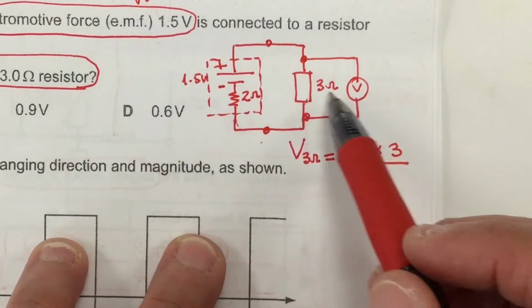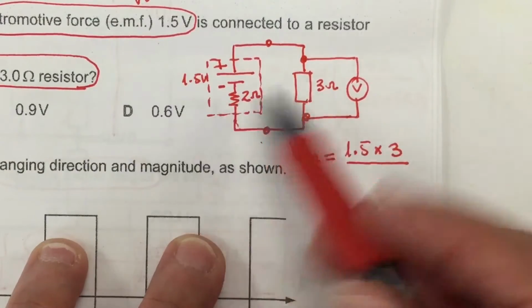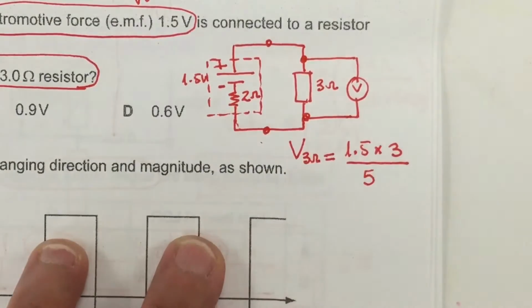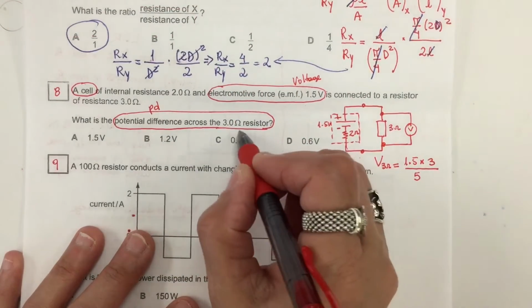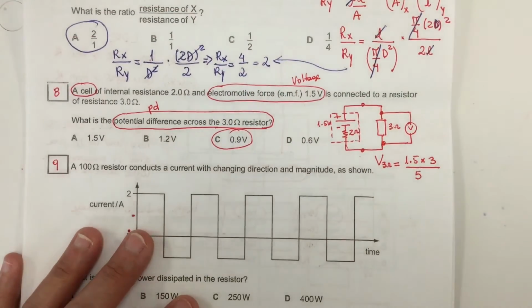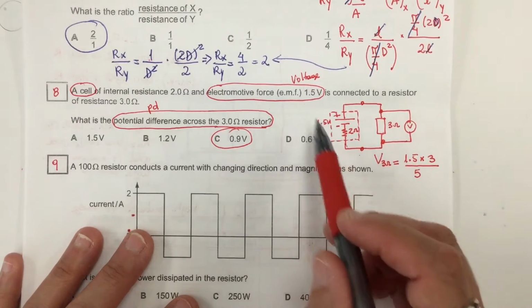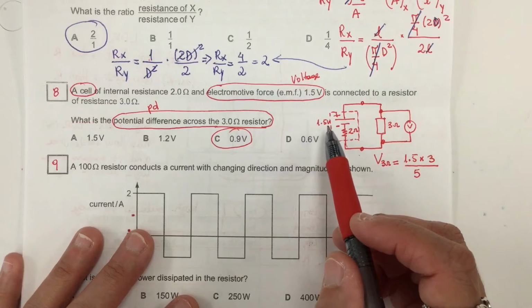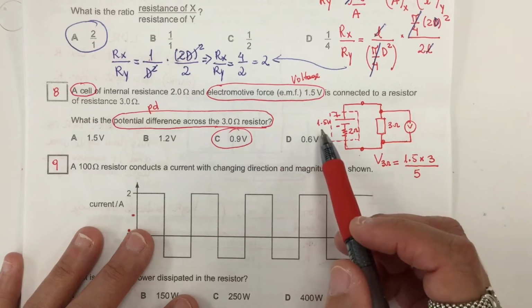So in this case, it's 3 and 2. They are connected in series, so you'll get 5 ohms. So the answer for this question is 0.9 volts.